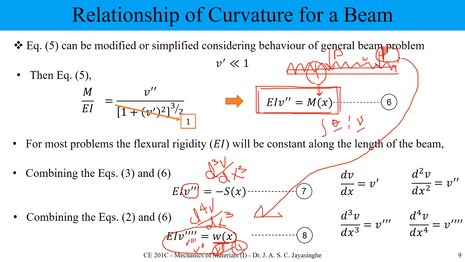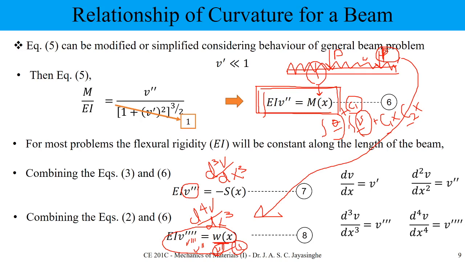If you do the integration twice, you will end up with theta and your displacement, and of course this is an indefinite integration. So you will end up with a constant, we call it the integration constant, and two integrations will end up with two integration constants. These are the things you are going to find. How are you going to find them?